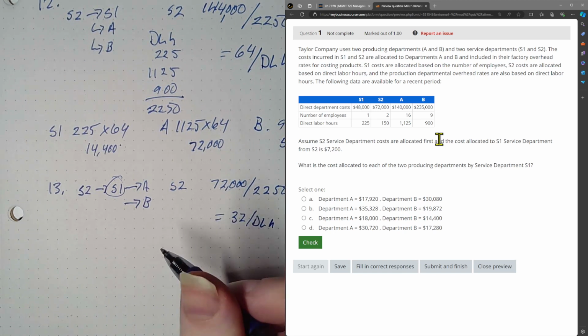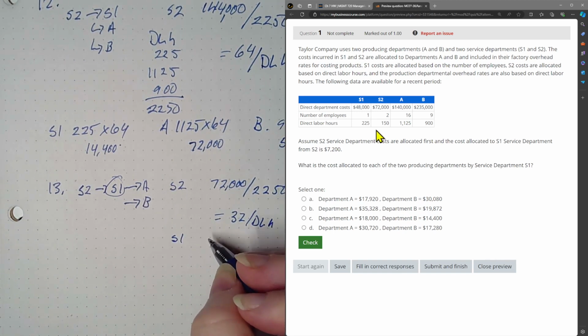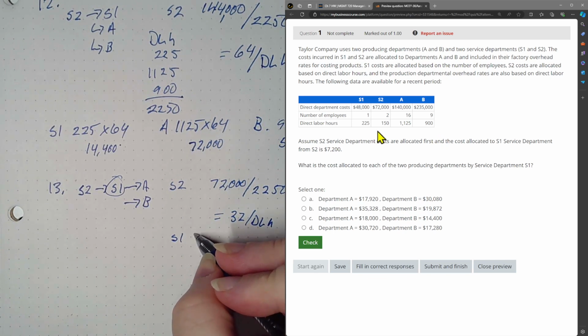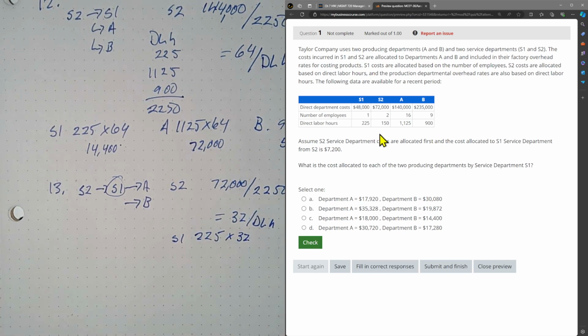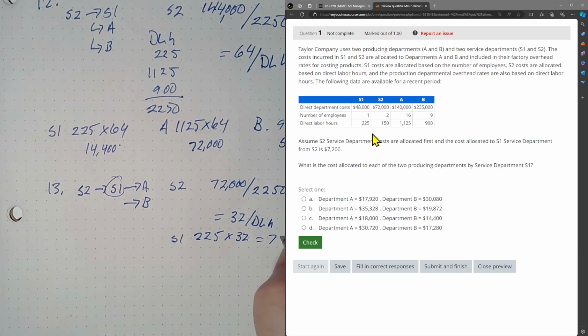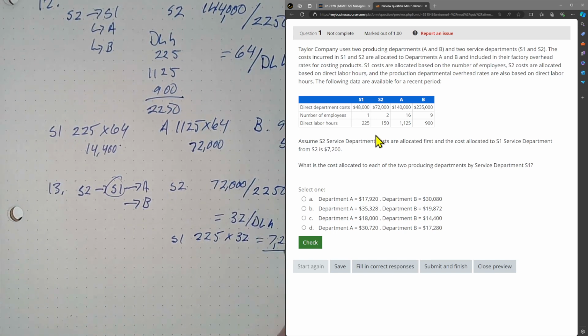And for S1, 225 hours times 32 equals 7,200. So going from S2 into S1 is 7,200.